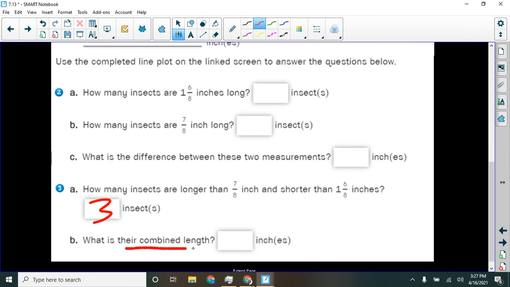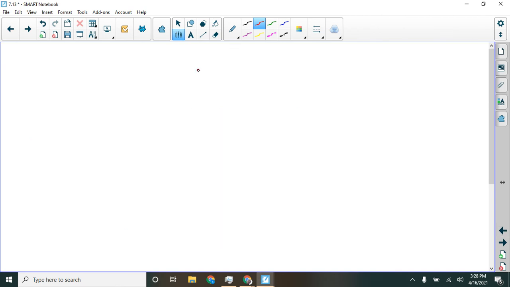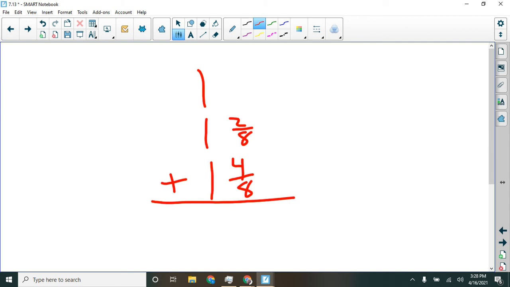What is their combined length? So you know what I'm going to do. I'm going to add the 3 lengths together. 1, 1 2/8, and 1 4/8. I don't mind you stacking 3 numbers. Once you start stacking 4 or 5, that usually leads to doom.